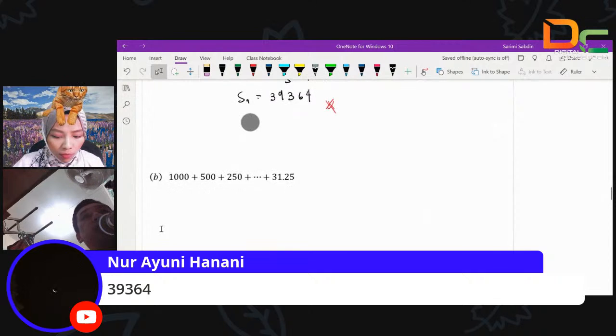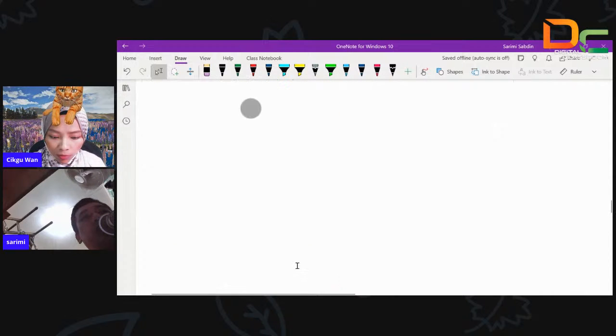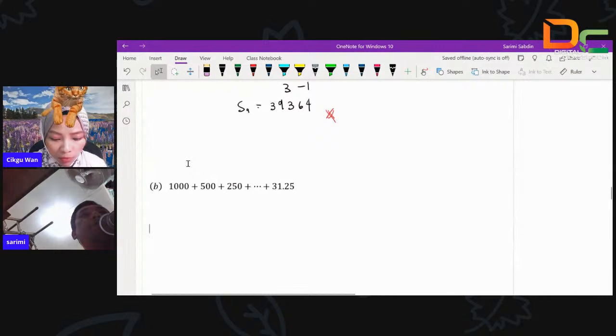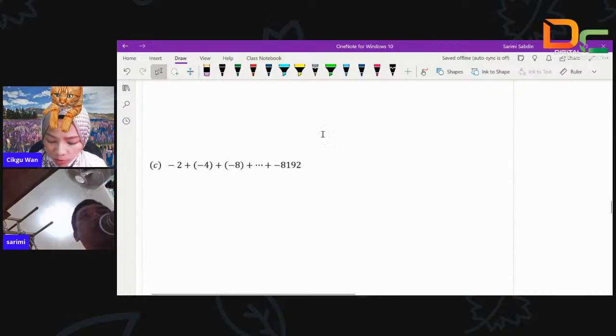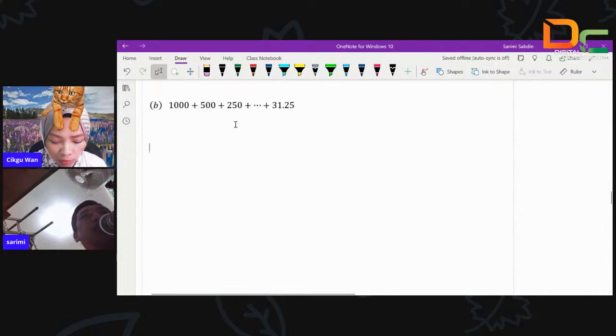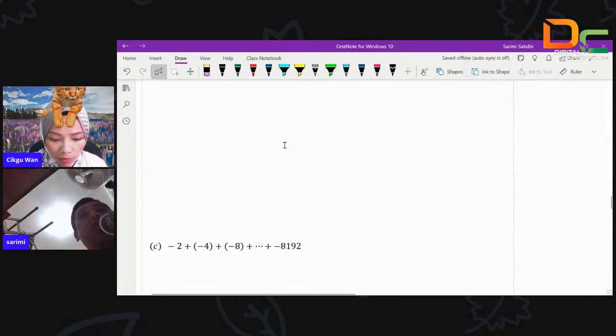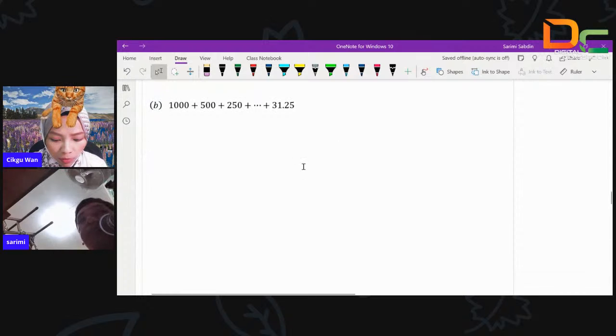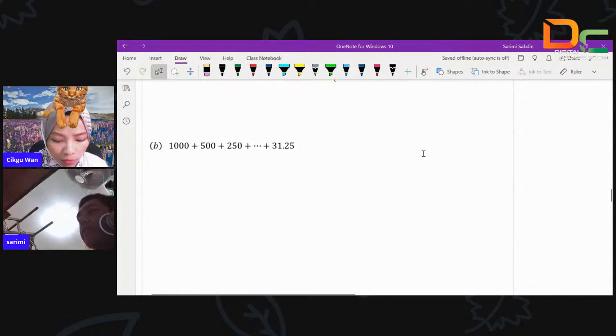Alright, so B and C, ada C ni. Sama je lah, B and C is just the same as the previous example. So saya tak boleh tunjukkan kot.